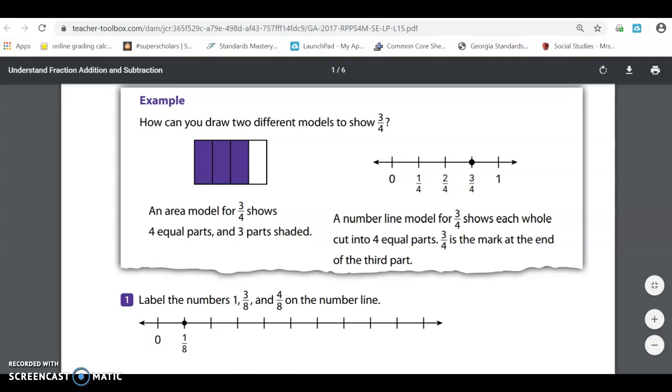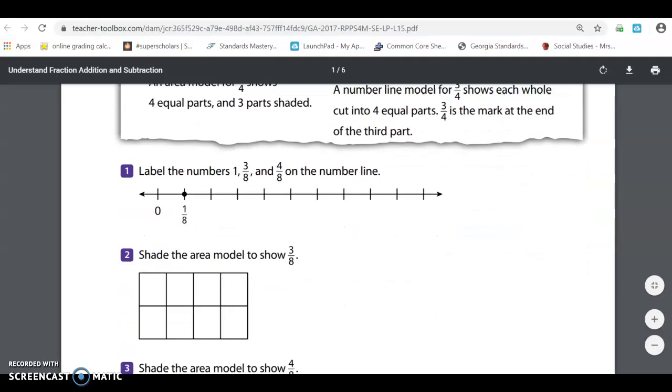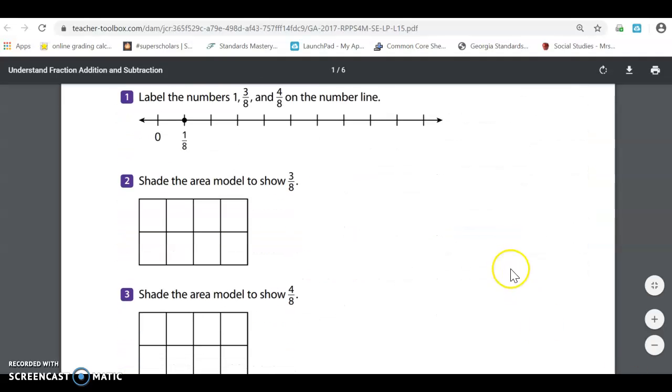Let's look a little bit further into the lesson. Let's look at number 1. It says label the numbers 1/8, 3/8, and 4/8 on the number line. As you can see on our number line, they already started for us. They have 0, 1/8, 2/8.